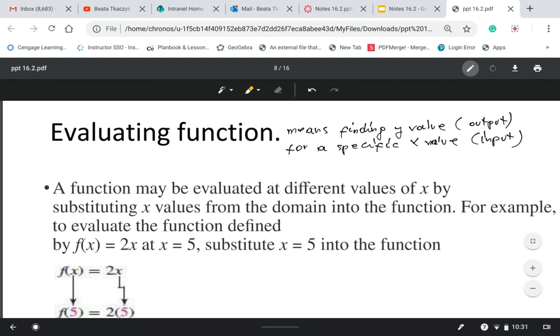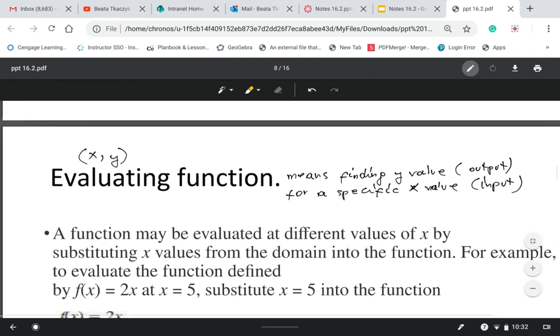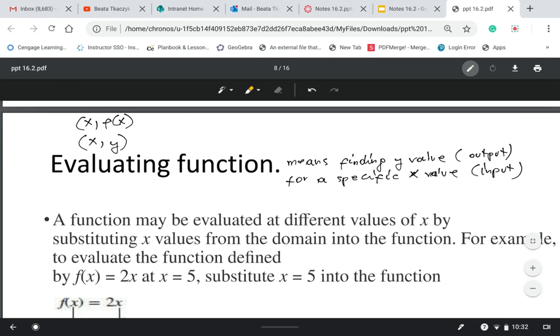So evaluating the function means finding the y value for a specific x value. And don't forget, when we graph functions, you graph x comma y, and y is just f of x. So this is that output. Y means output.